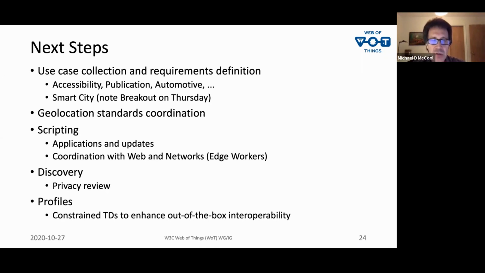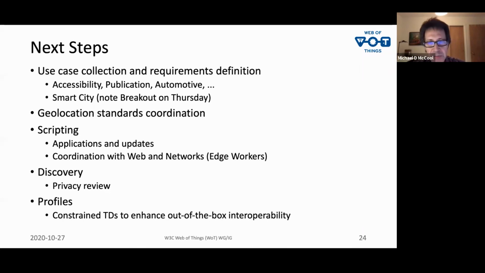And so we're looking at ways to maybe enable that in collaboration with Web and Networks. So really, one of the places we might want to use a WoT scripting API is in an edge computer that is enabling some kind of ambient activity and is providing a new IoT service that is kind of always on.